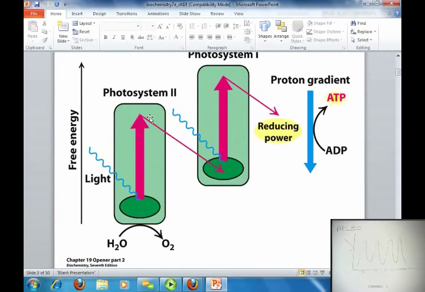The electrons are excited, and if they return to the same molecule, this energy is released as heat energy. But it is not; it goes to the next one, photosystem 1, where the electrons are really excited by another ray of light. At photosystem 1, water is not split, but the electrons are excited.